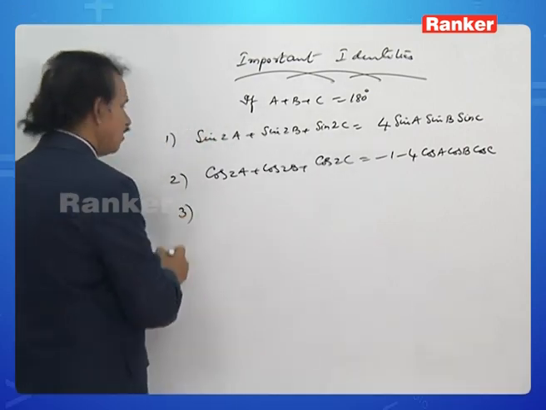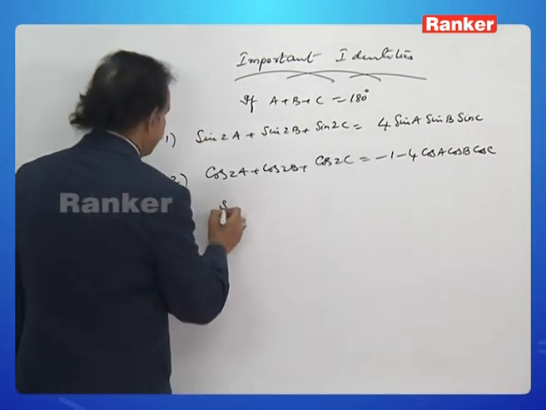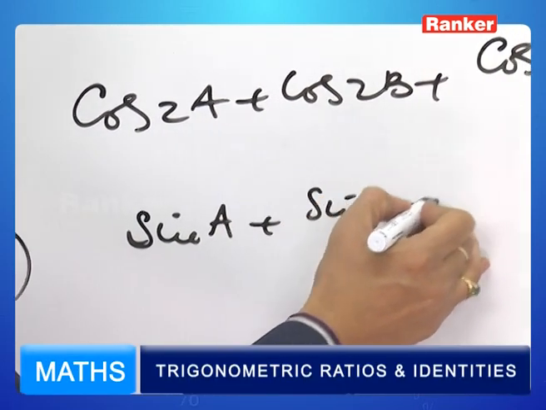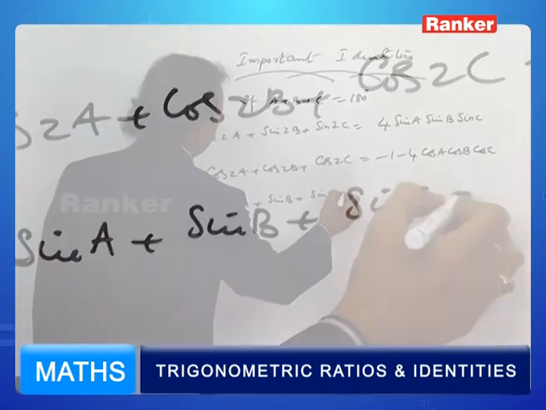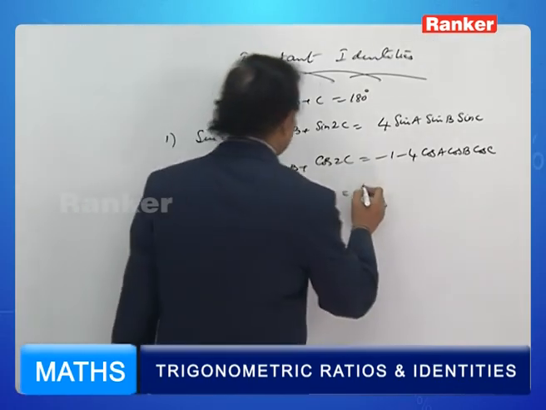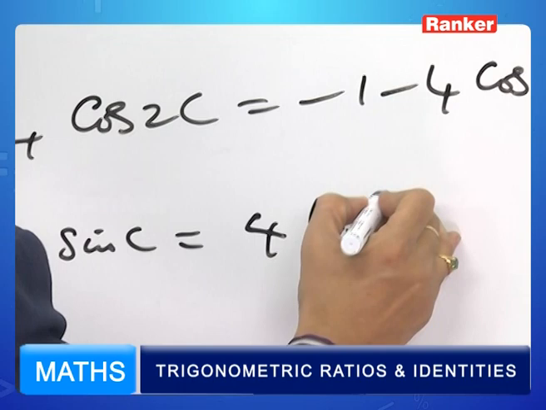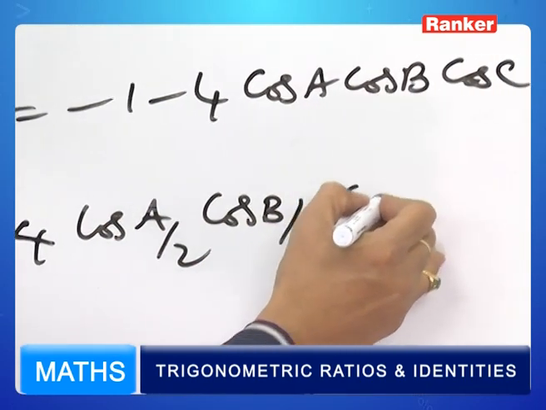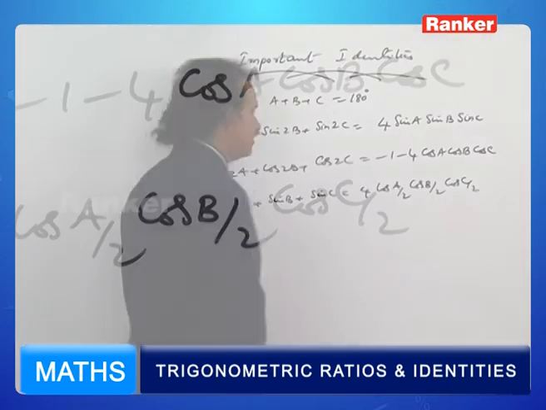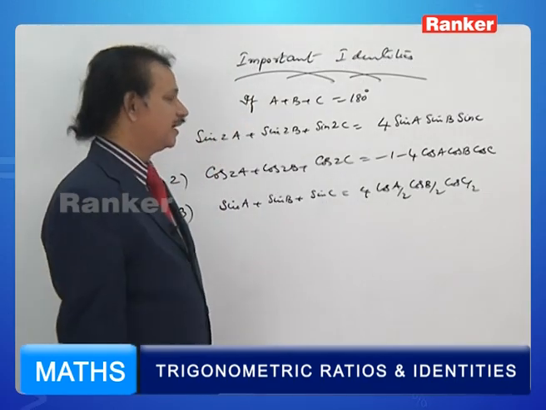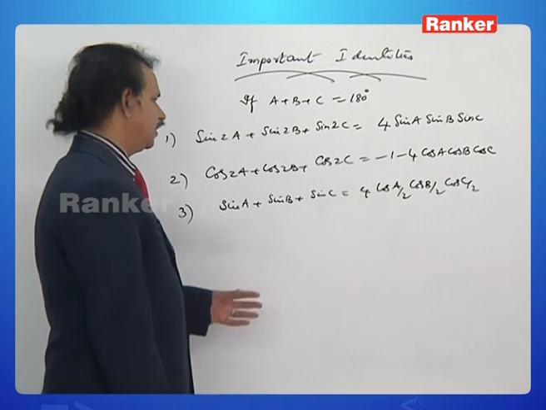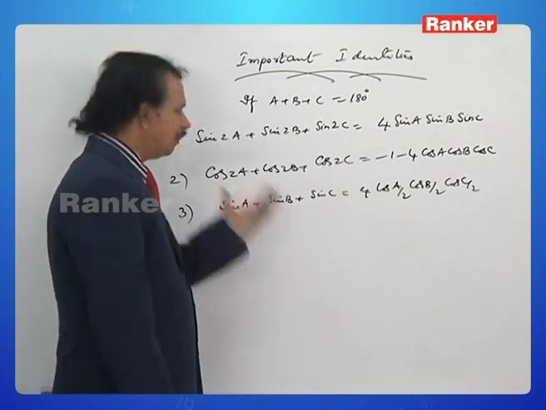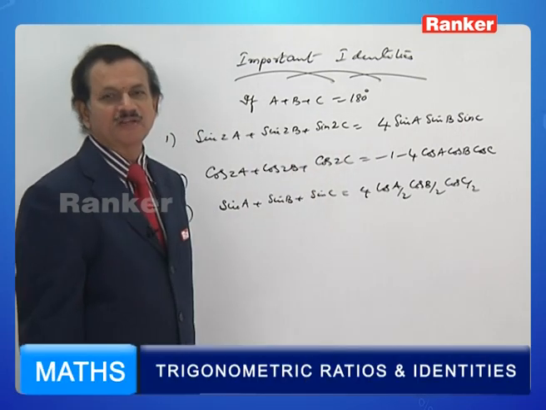Again, two more results are also there. Sigma sin A, that is sin A plus sin B plus sin C, is equal to 4 cos A by 2 cos B by 2 cos C by 2. While solving the problems regarding properties of triangles, we will use all these more frequently.